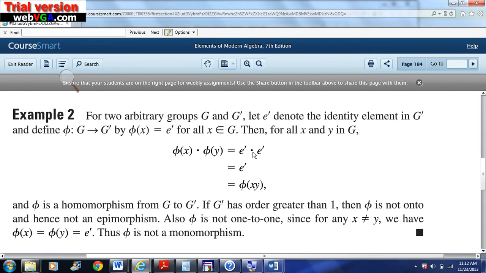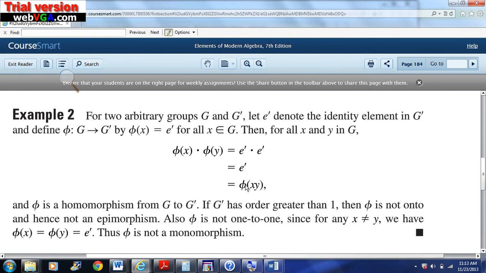Since G prime is a group, and since G is a group also, it's closed. G prime is closed and G is closed, which means we have to get E prime. And of course, that would be the same as phi of xy. If you multiply x times y first, and then phi, you would get E prime. If you phi x, phi y, and then multiply them together, you will get E prime. So that means that these two things are equal.